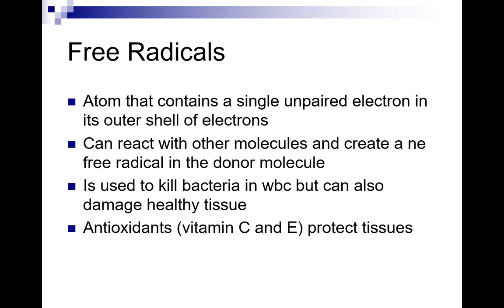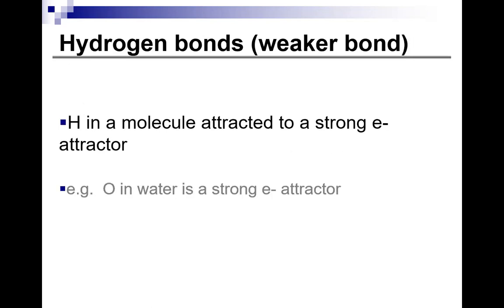Antioxidants, so vitamin C and vitamin E, help to protect tissue. Like with face creams, they work against the damaging effects of free radicals. Vitamin C and E can counteract the effects of the free radicals.